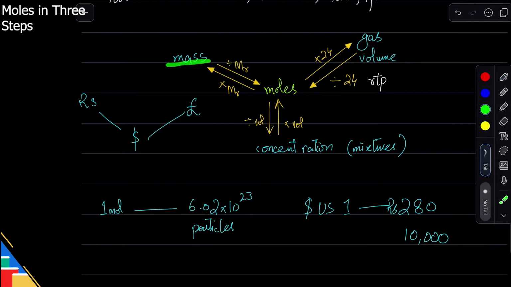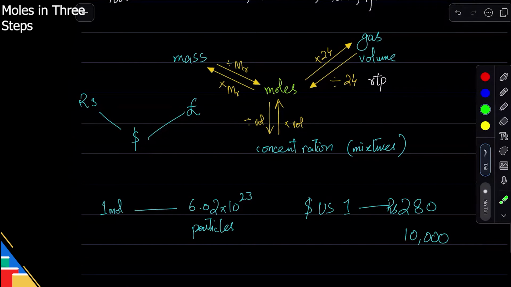Can I take mass, convert it to moles, and convert to gas volume? I can. Just like I can go this way, I can go this way with moles. All you need to do is go from mass to moles to volume. Just like dollar is the central currency of the world, we go from any one currency to any other currency, and you're good to go. No particular issue there. So let's try it.